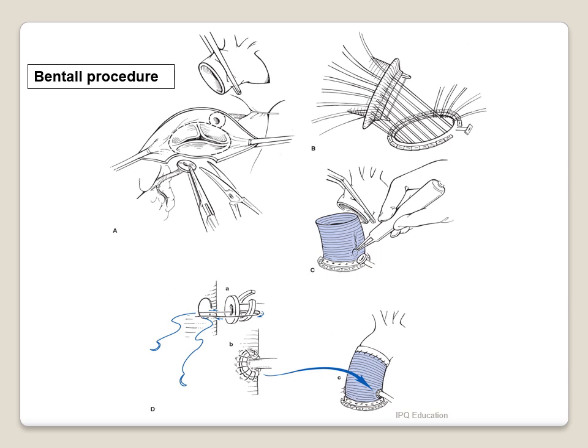The coronary ostia are subsequently anastomosed through openings that are formed in the aortic graft, and the distal part of the graft is connected to the remnants of the distal ascending aorta.